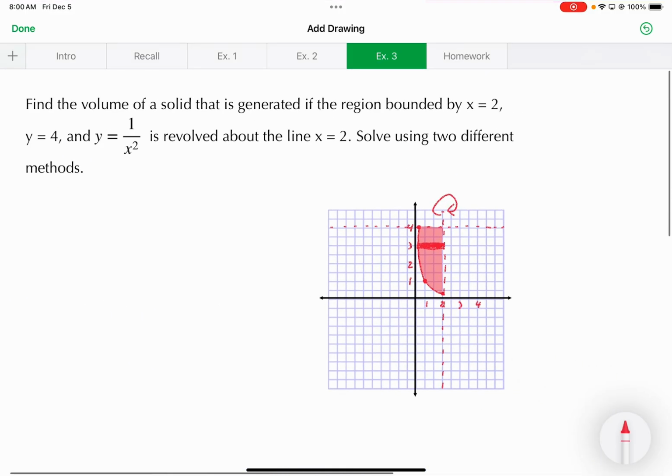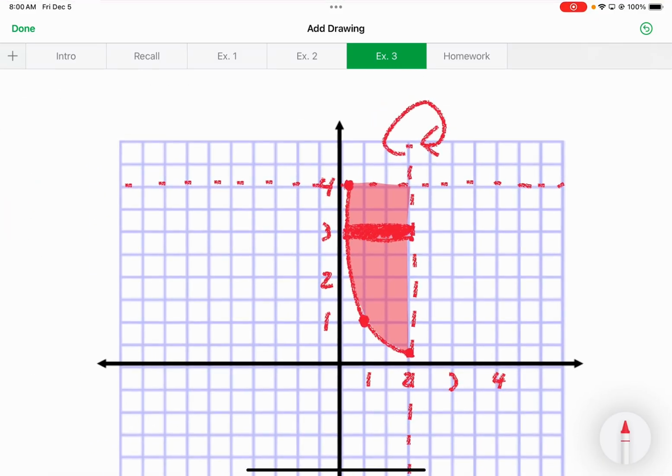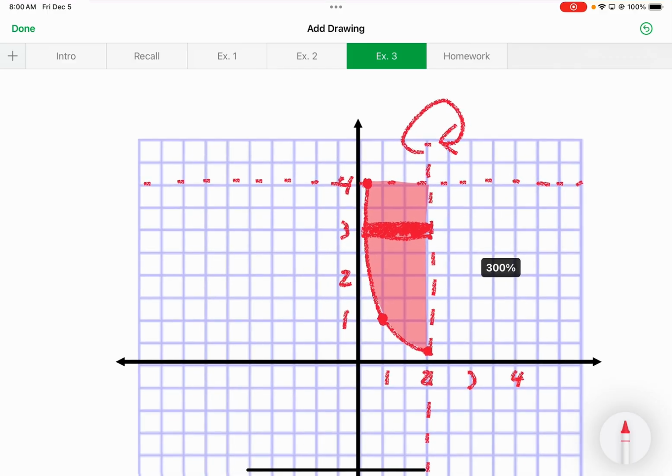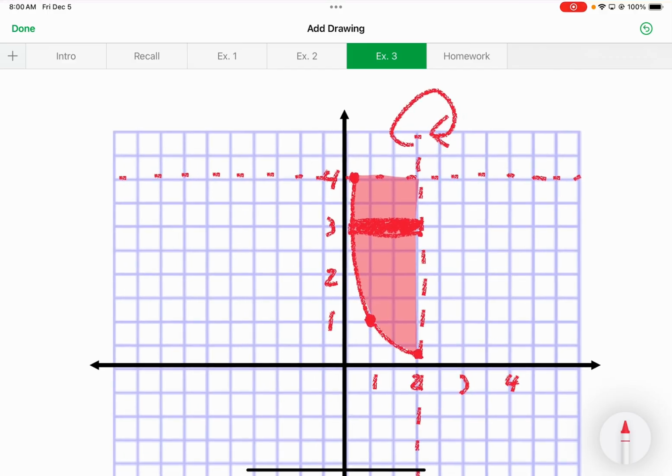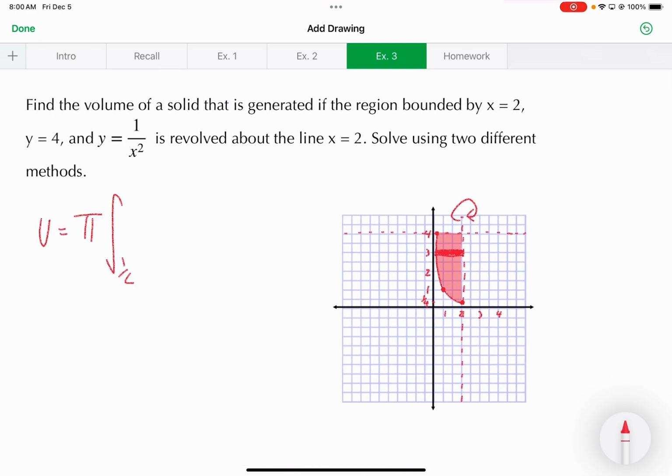All right, so volume equals pi integral. Talk to me about bounds. This one ended up being a fourth, right? So this was a height of a fourth right here. So we're going to do from 1/4 to 4 for my y values.